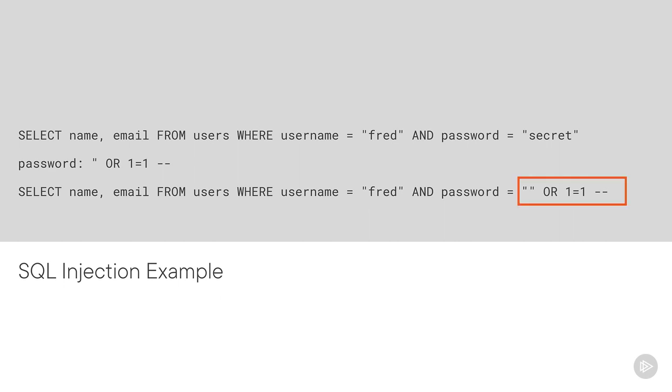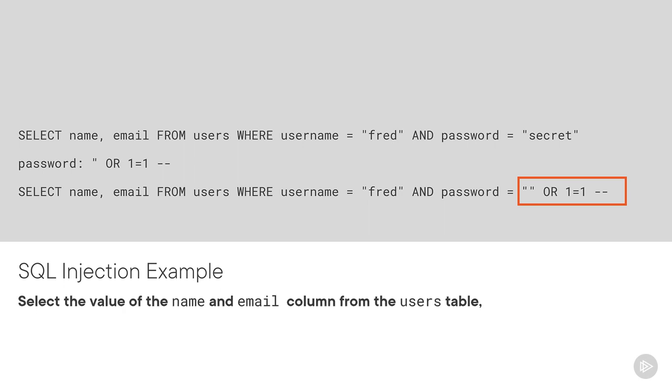The payload is entered in the password field because the SQL statement doesn't properly filter out malicious control characters. Now the SQL statement becomes: select the value of the name and email columns from the users table. So far the same as the previous example.